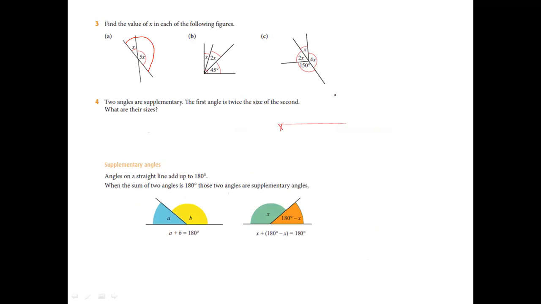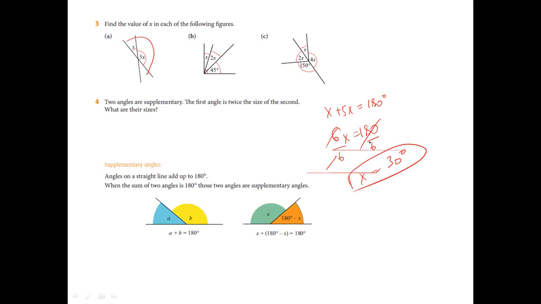So x plus 5x is equal to 180, because supplementary angles on a straight line add up to 180. So 6x is equal to 180 degrees. Divide by 6. X is equal to 30 degrees. 180 divided by 6 is 30 degrees.